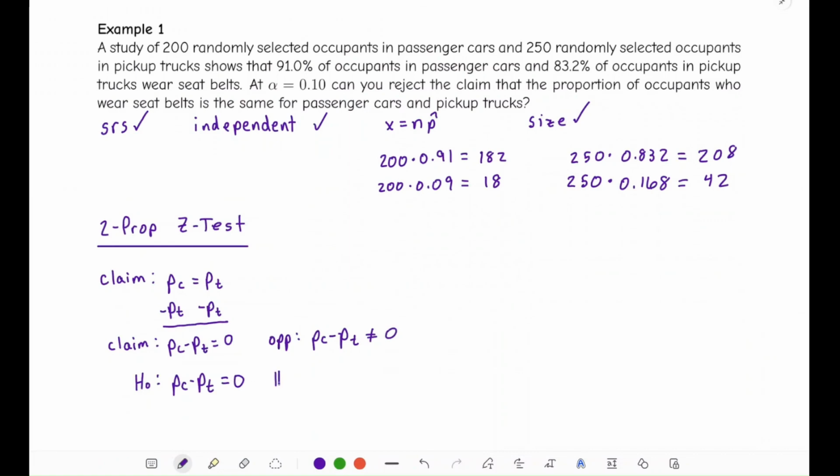And then the alternative hypothesis, which comes from the claim or the opposite, it's not always one or the other, it can be either or. It's just you have to pick the one that does not have an equal to part. In this case, it's the opposite, so it's PC minus PT cannot equal 0.